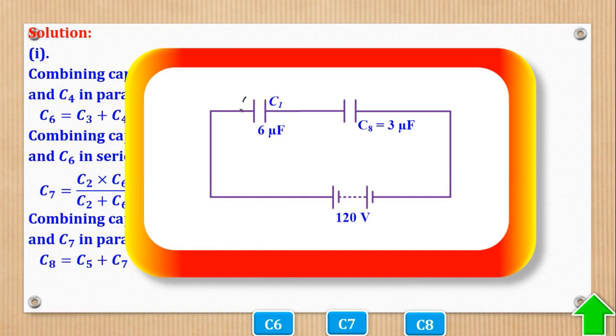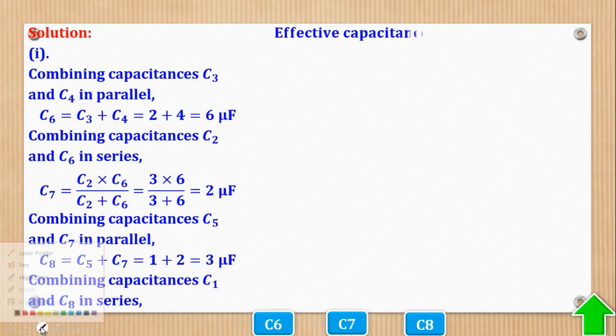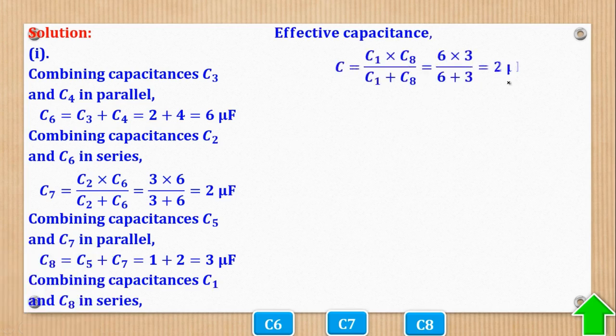So now these are the two remaining capacitances in series. Therefore, you can combine the two using product over sum to get the total capacitance. So when I combine, I'll come up with this product over sum, which gives you 2 microfarad.